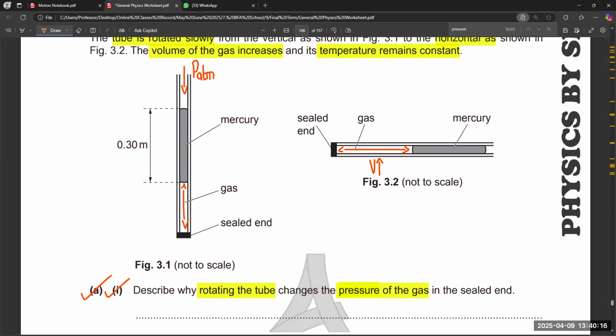Atmospheric pressure is also acting from upside. But when we rotate this tube in horizontal direction, there is no atmospheric pressure acting on the mercury, right? So that's why the pressure changes, because in vertical position atmospheric pressure is acting, but in horizontal position atmospheric pressure is not acting on the mercury. So this is the difference, right?